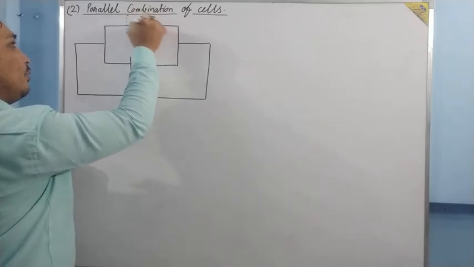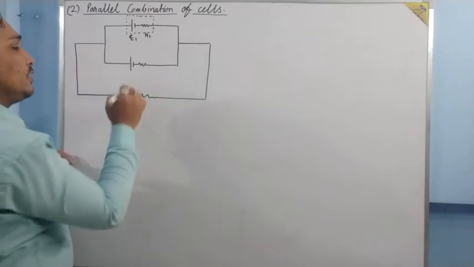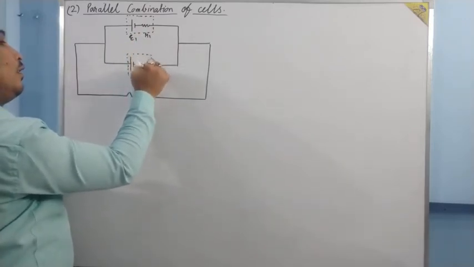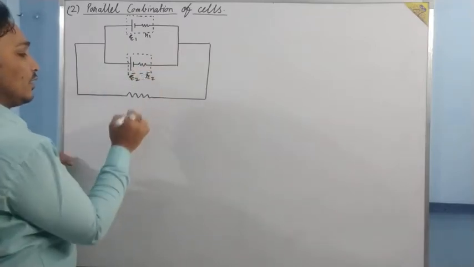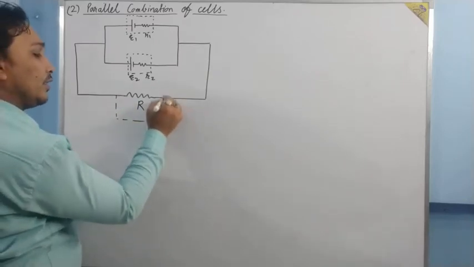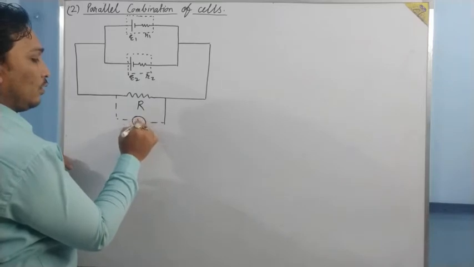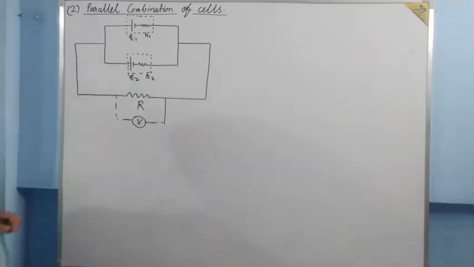Now for this cell, let its EMF be E1 and internal resistance r1. For this cell, let its EMF be E2 and internal resistance r2. Let this resistance be capital R, and let us connect a voltmeter over here which reads the voltage of capital R as V. Okay.